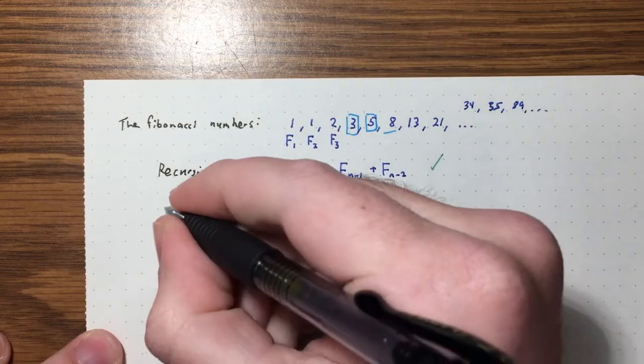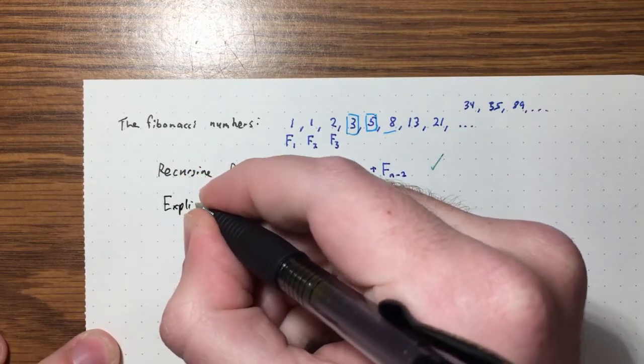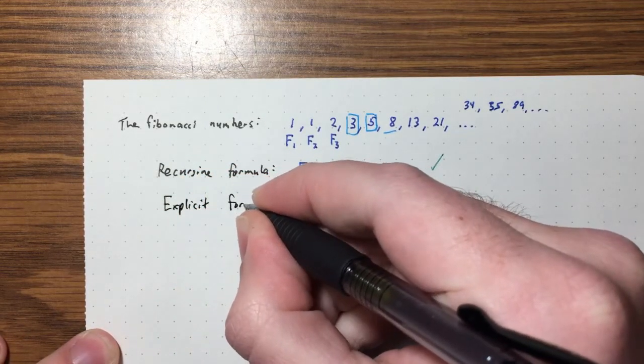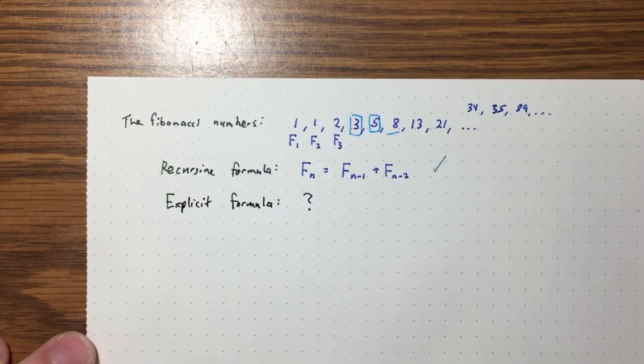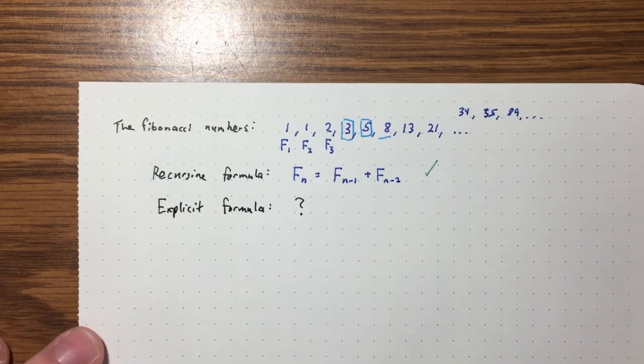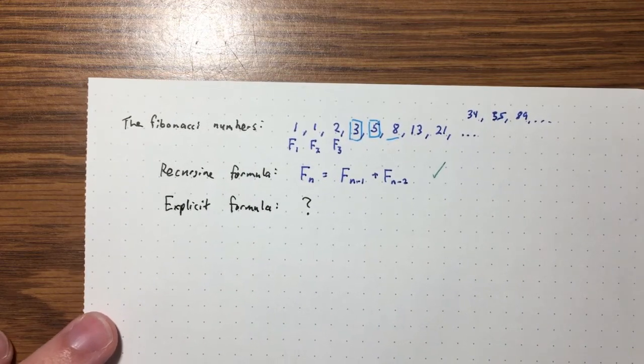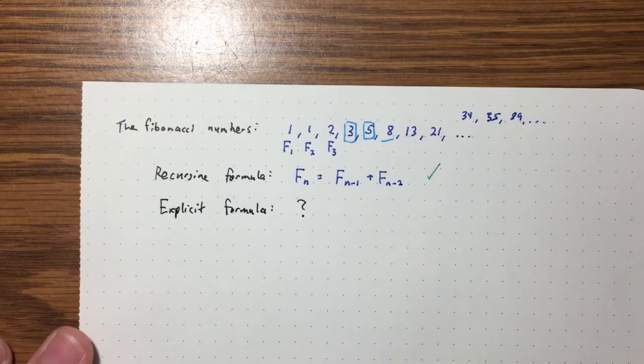But then what about an explicit formula? Question mark, right? You can try to figure one out, but it seems very difficult.